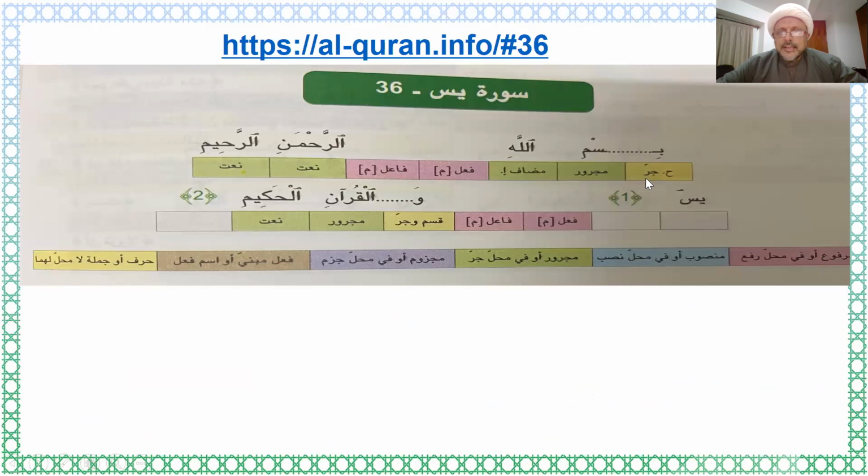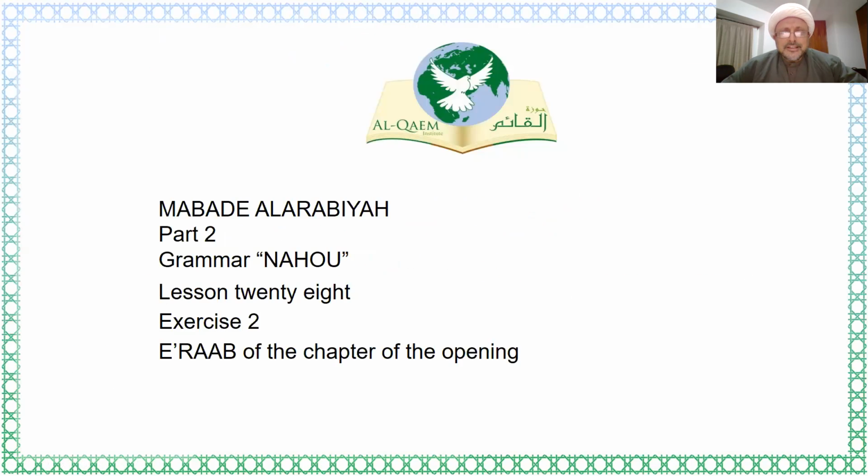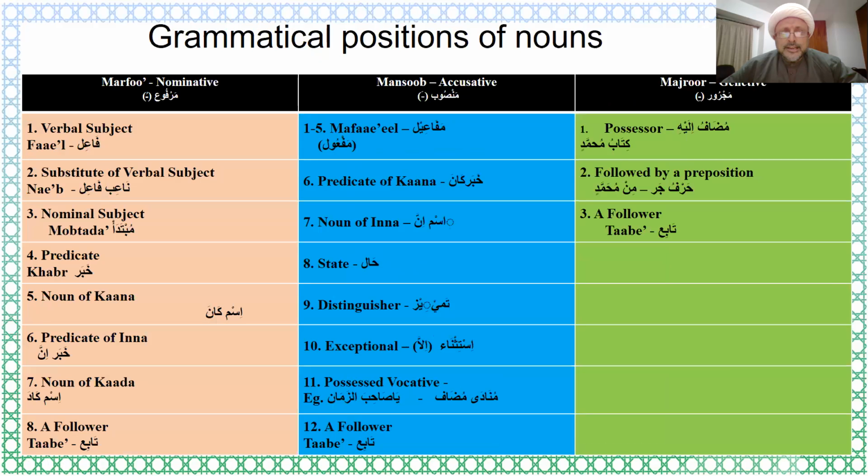Harf jar has no grammatical position. Remember that, like orphans, which don't have any grammatical position. This is just a quick recap, because it's always nice to get a quick glimpse. We said that the pink color will be marfu'. Everything which is marfu' is here.